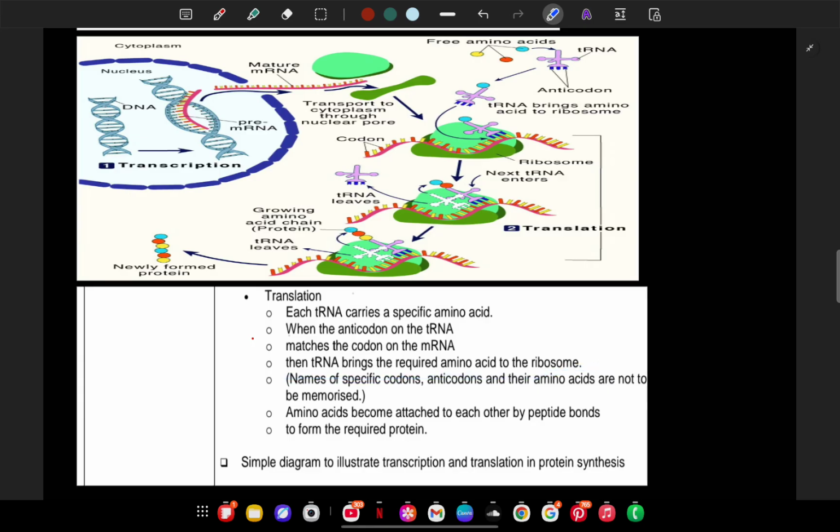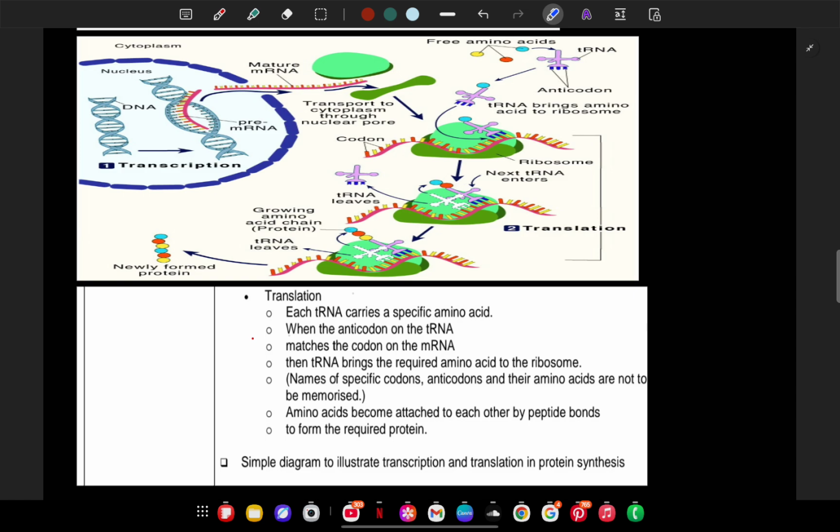Yes. So now understanding that an anticodon codes for a specific protein, we also have to understand that this anticodon, these are the three nitrogenous bases together.